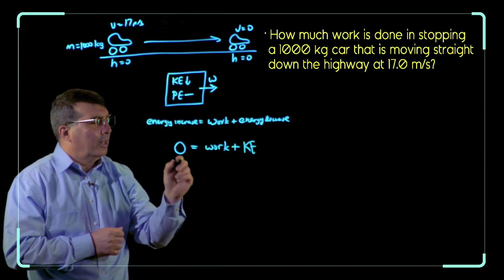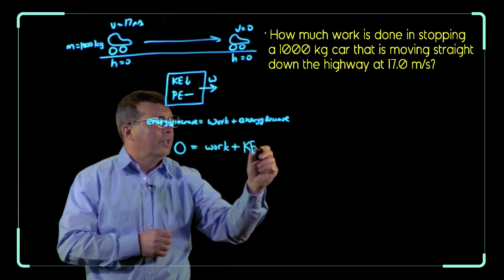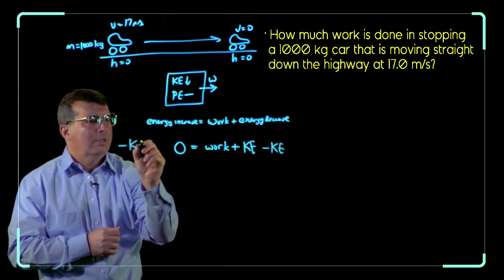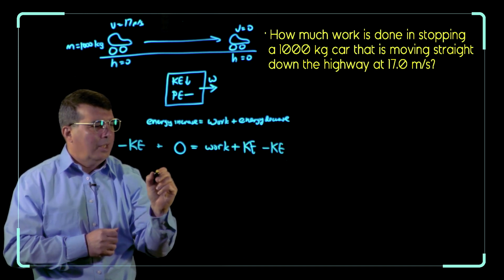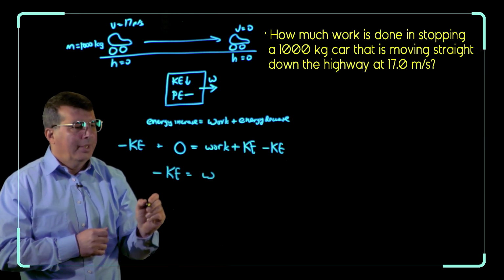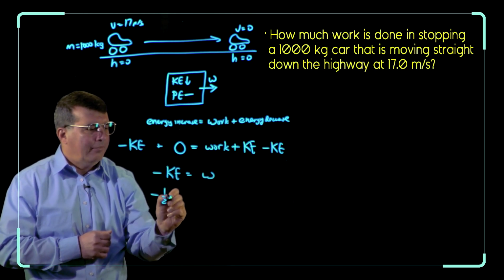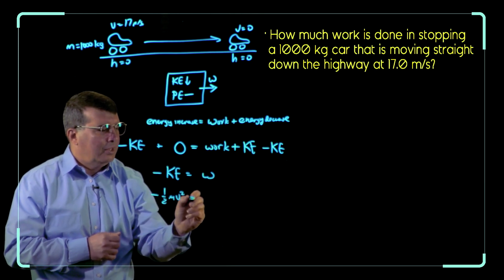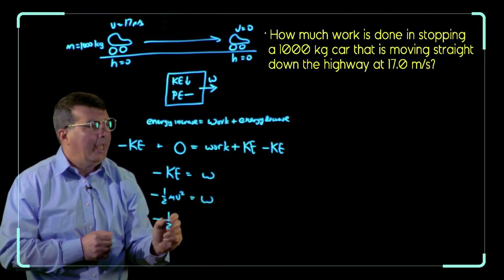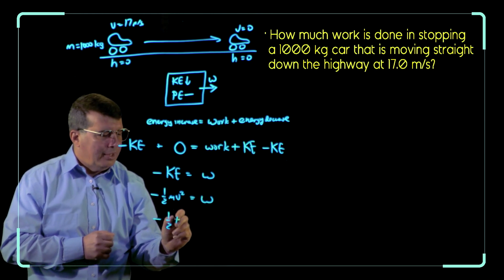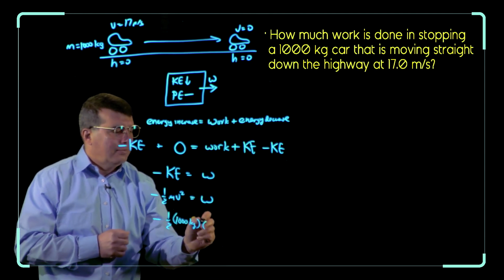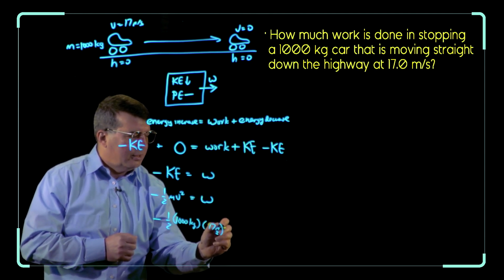I'm looking for work. I want to get work by itself, so I'm going to subtract off kinetic energy from both sides. Okay, so I have minus kinetic energy is equal to the work done. So it'd be minus 1/2 mv squared, that's my kinetic energy, is the work done. So it'd be minus 1/2 the mass of 1,000 kilograms times the speed of 17 meters per second.